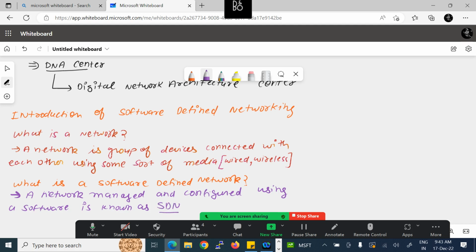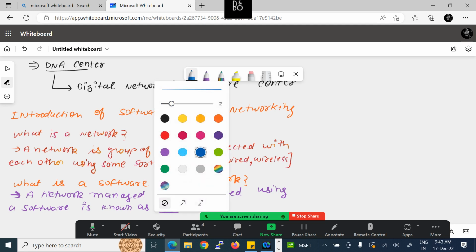So basically, what is a software defined network? A network managed and configured with the help of software. That network is known as software defined networking, or software defined network. And the whole process, which includes the functions, is known as networking. Simple.